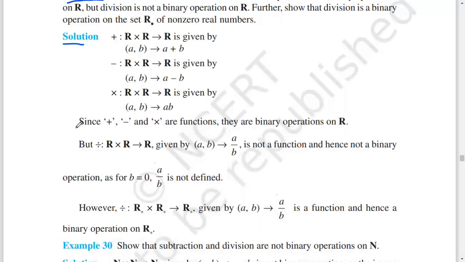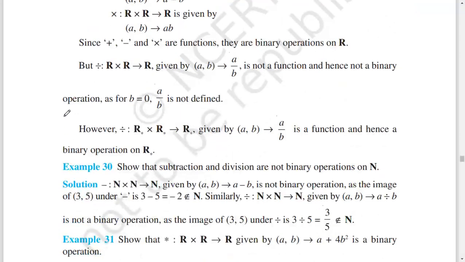Since plus, minus and cross are functions, they are binary operations on R. But division: R × R → R given by (a, b) → a/b is not a function and hence not a binary operation, as for b = 0, a/b is not defined. However, divide: R* × R* → R* given by (a, b) → a/b is a function and hence a binary operation on R*.